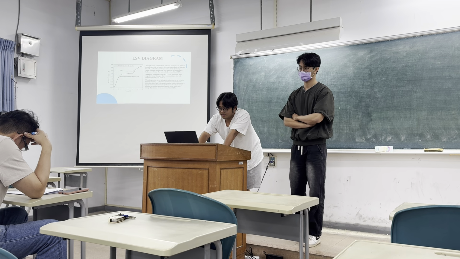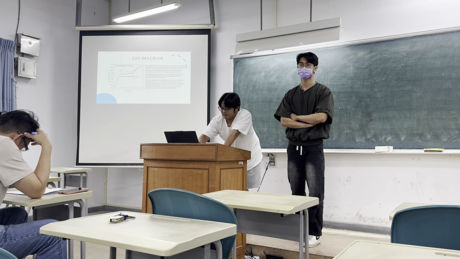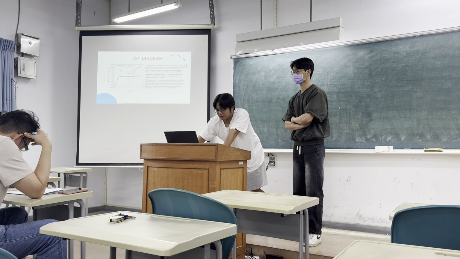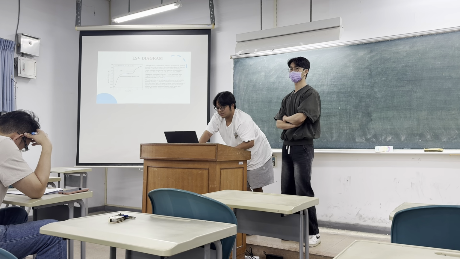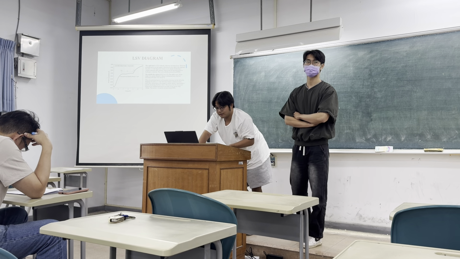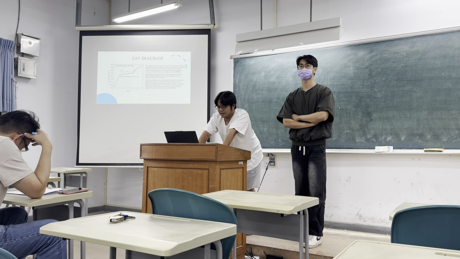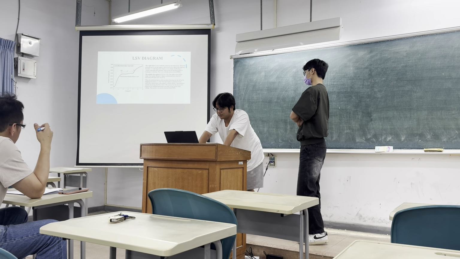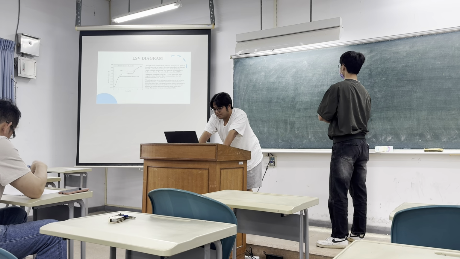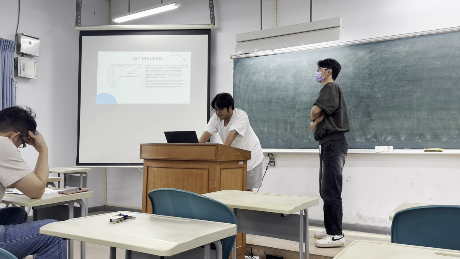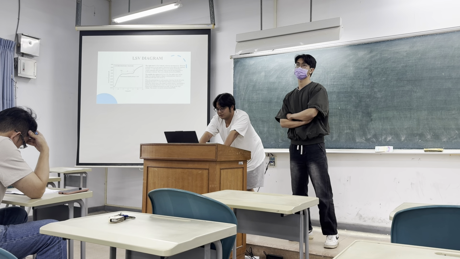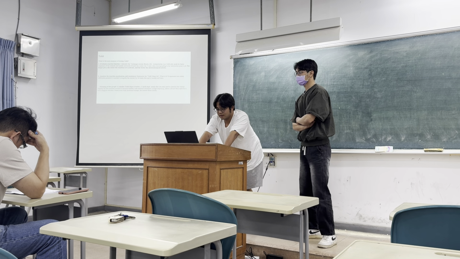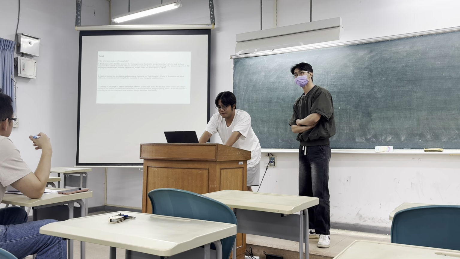And this is the LSV diagram. We can see that in the middle there are 1.5 volts and -1 volts, and from this area we can calculate the ESW, and the larger the ESW, the more stable during charging and discharge. And the next one is Tafel.